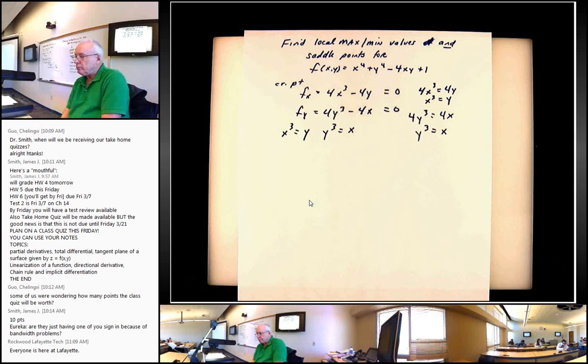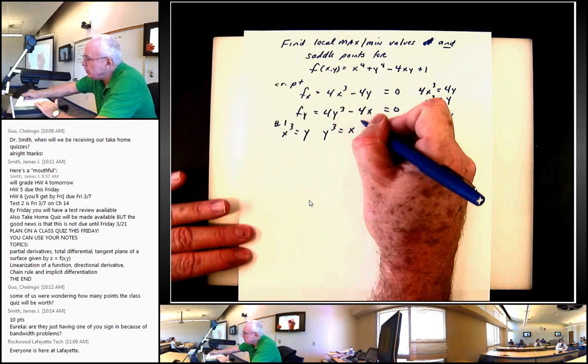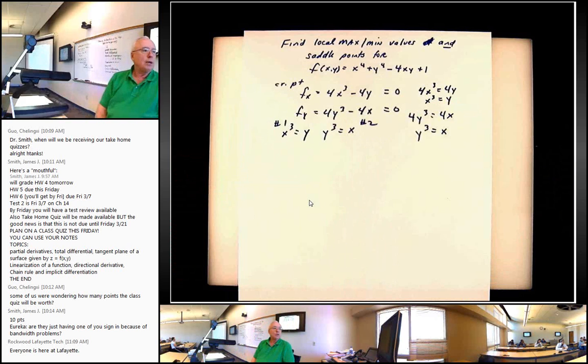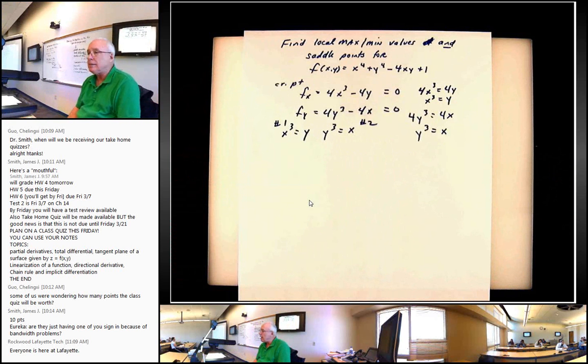Now, you could look at this for a minute and think of possible solutions, but I'm going to do it a little more formally. This is equation number 1, and this is equation number 2. The first equation tells us that y has to equal x to the third. So I'm going to go to my second equation and plug in x to the third for y.